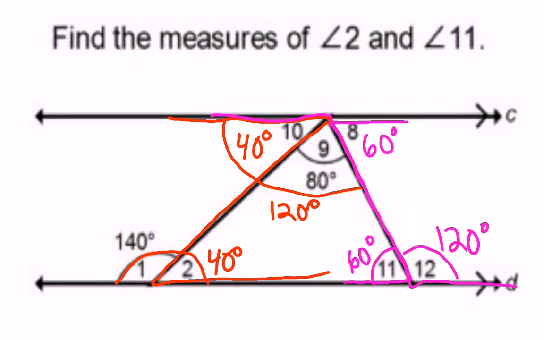So if I look at the angles in my triangle, they are adding up to 40 plus 60 is 100 plus 80 is 180. So by using alternate interior angles, we can see that the angles in a triangle add up to 180.